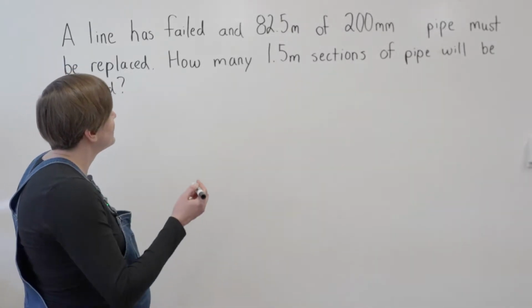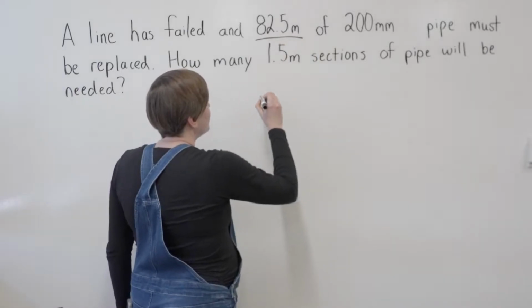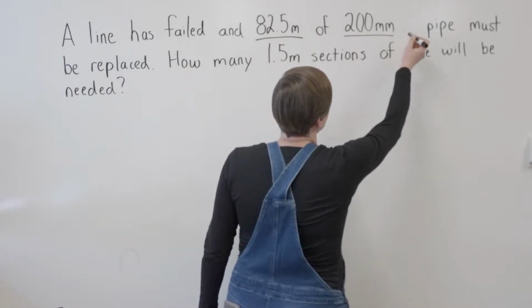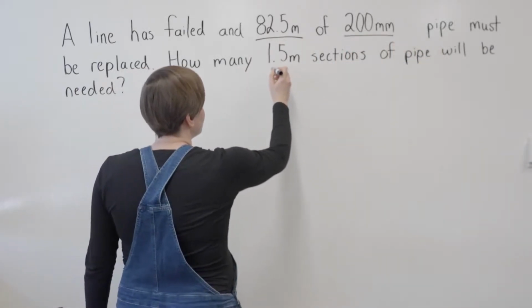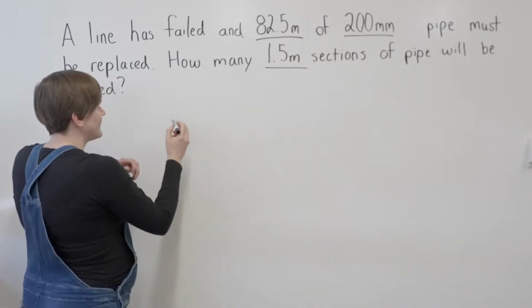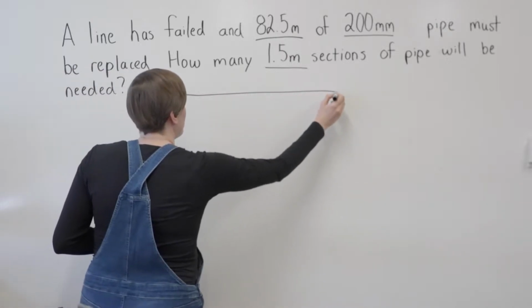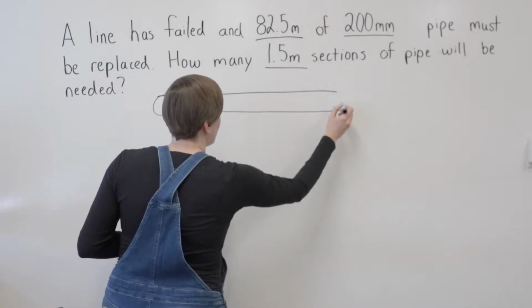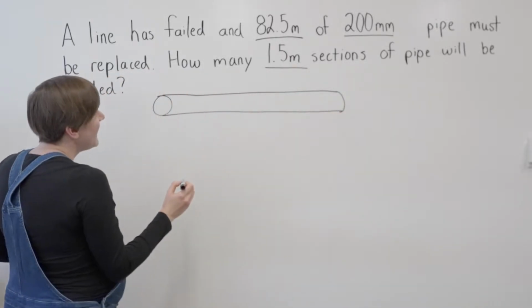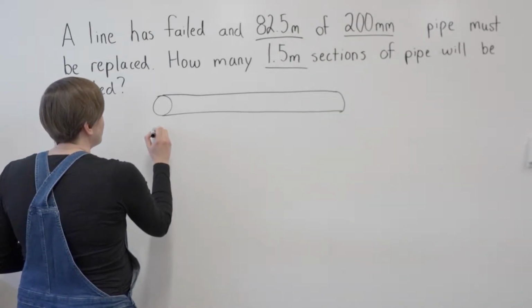A line has failed, 82.5 meters of 200 millimeter pipe must be replaced, and we've got 1.5 meter sections. Okay, I'm going to draw it out, not to scale. I've got a length of pipe, 82.5 meters.